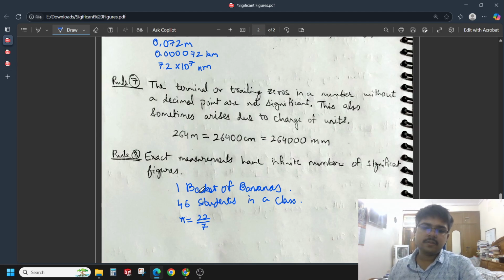All these values are exact measurements, so they have an infinite number of significant figures.